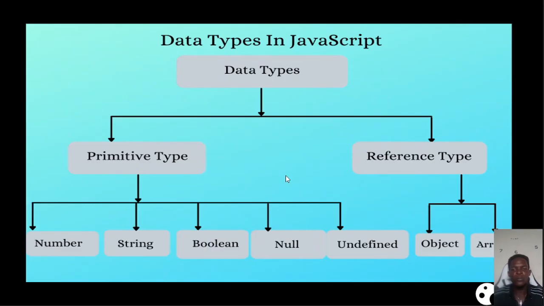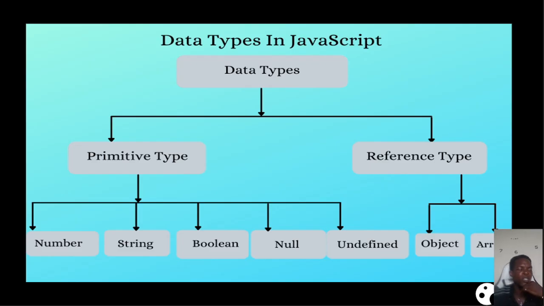By way of a pictorial representation, in JavaScript we have this major data type, which is subdivided into two: primitive type and non-primitive type, which is reference. For primitive type, we have number, string, boolean, null, and undefined. For non-primitive, we have object and array, and functions also.